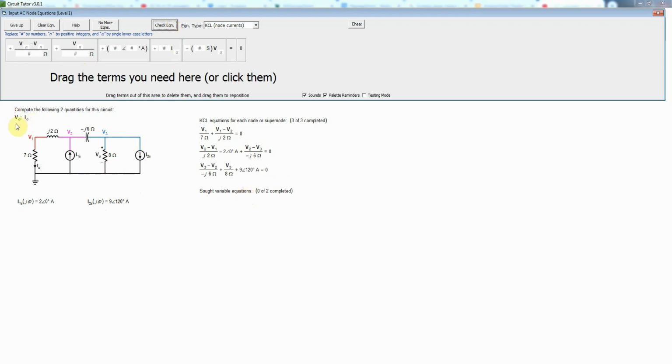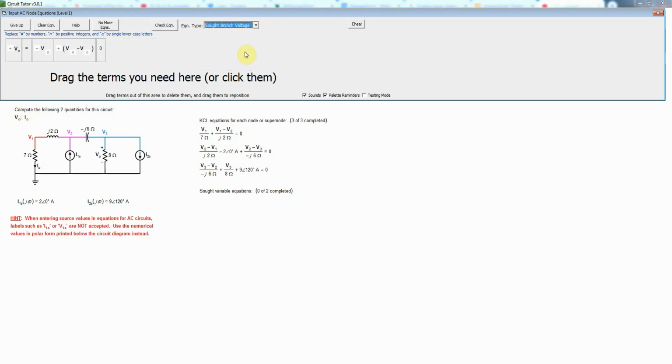And then we need to write SOT variable equations for the SOT voltage and current. So we'll select a SOT branch voltage here for V0. And we'll say that V0 is equal to, so V0 is right here, so that we see that since the negative side of V0 is ground, V0 is just going to be the same as V3.